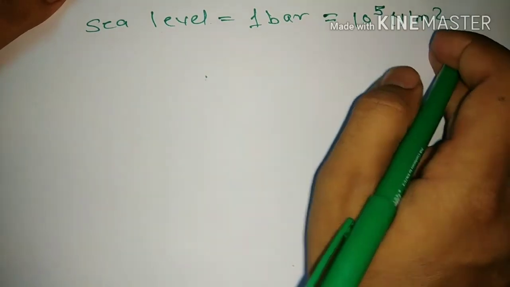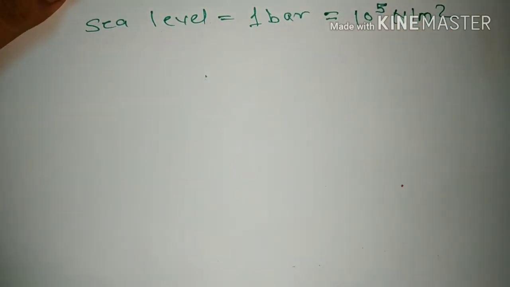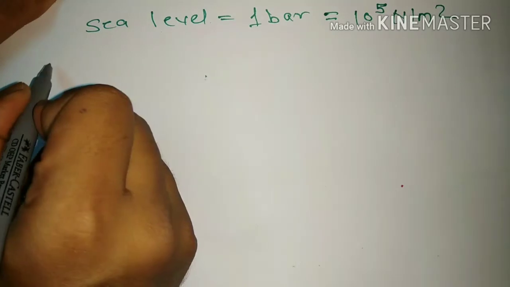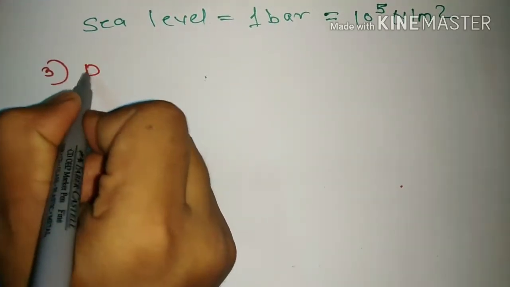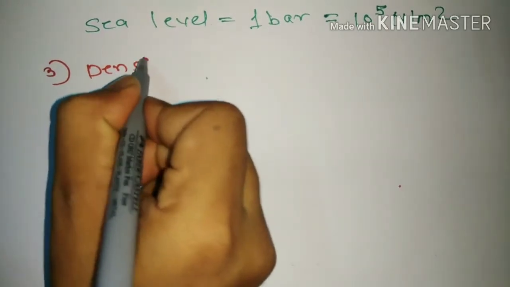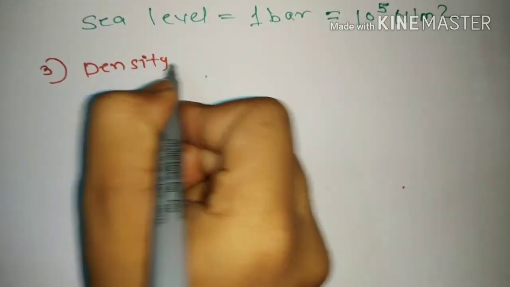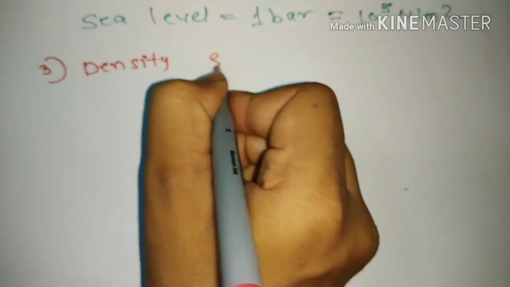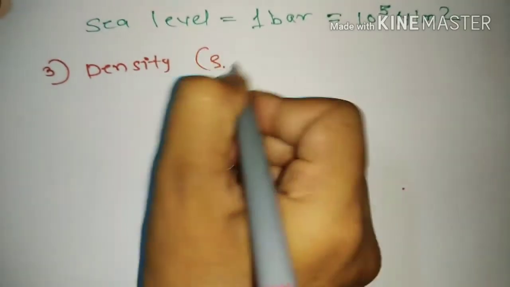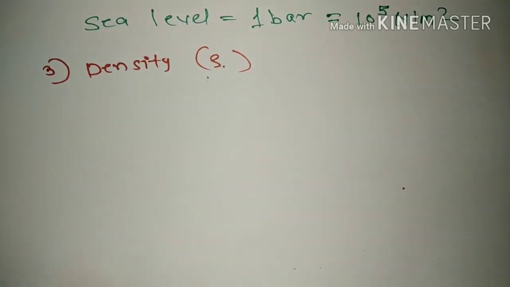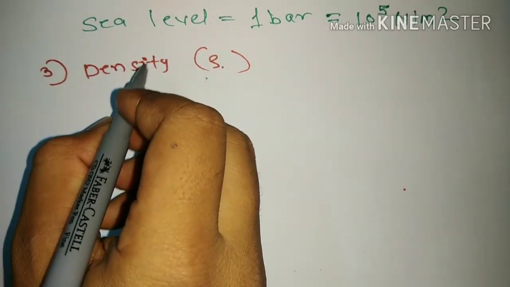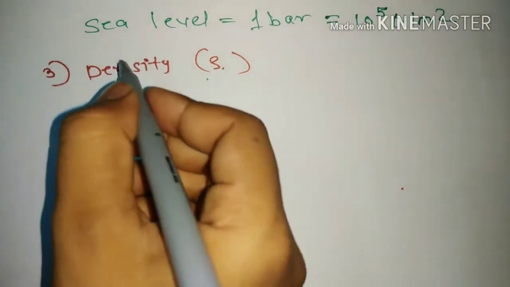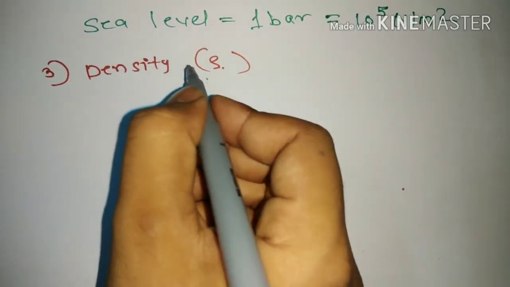Third main important property is density. Density is denoted by rho. What is density? Density is the amount of molecules per unit meter cube.